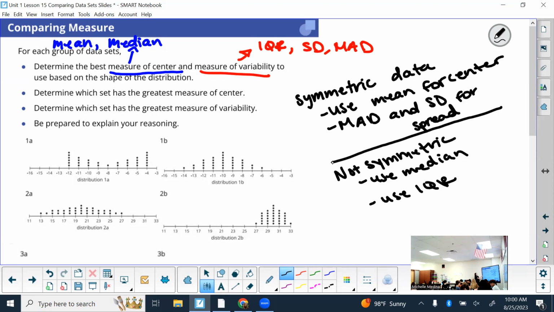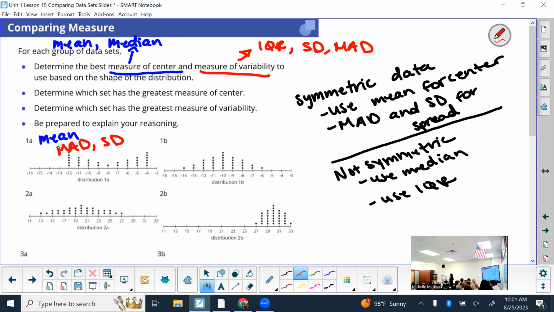Mean, why? Okay, good. And since I'm using the mean, what will I use for spread? MAD, okay, good. You'll do that for each individual data set, even the ones with words on the bottom.